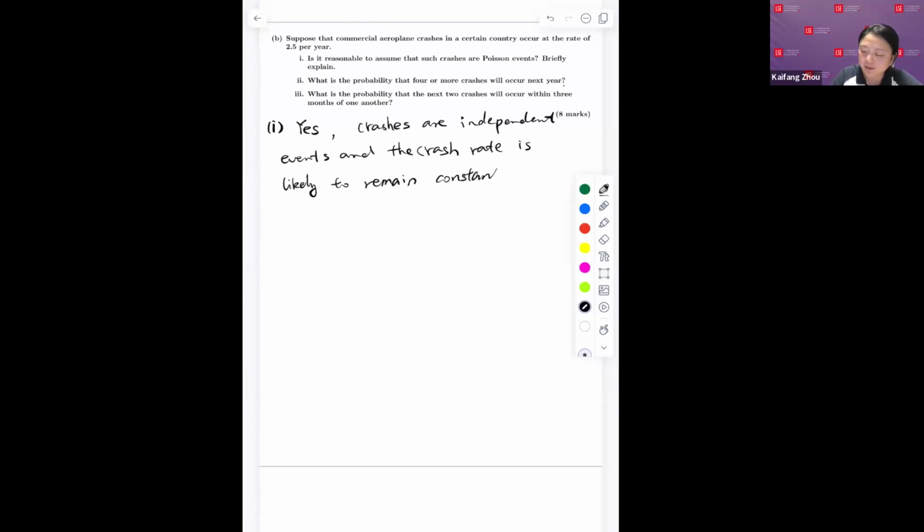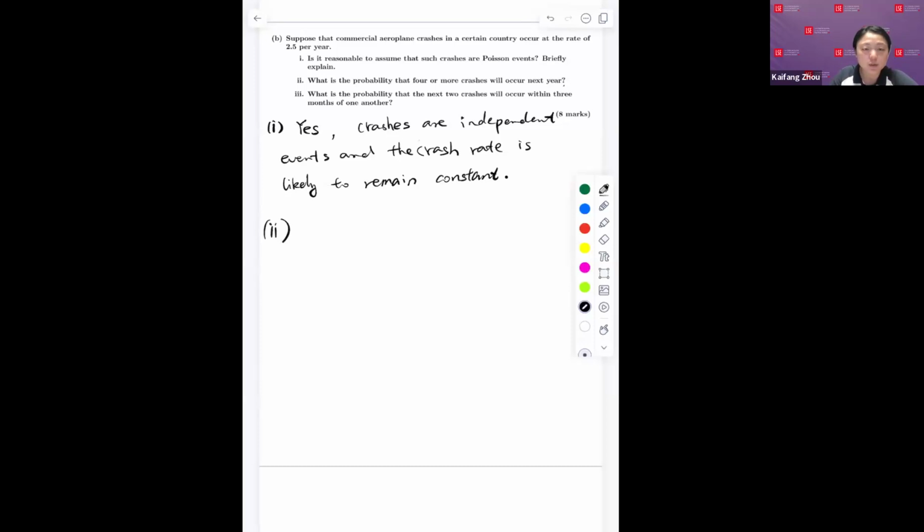It does not mean that it definitely will remain constant. It just says that it has a high chance to remain constant.